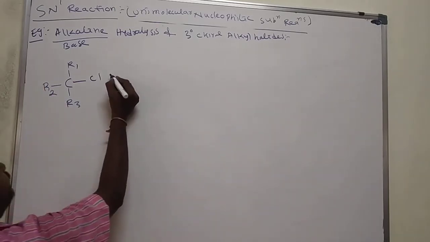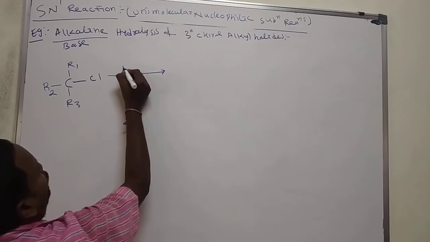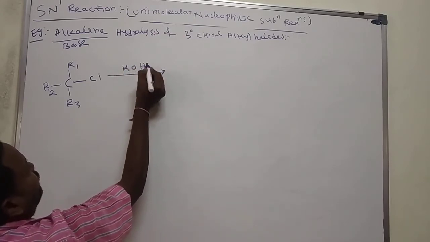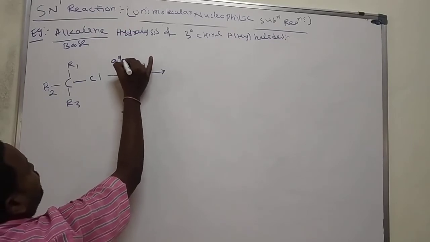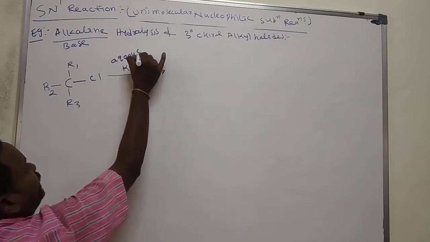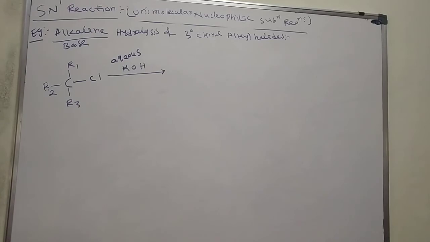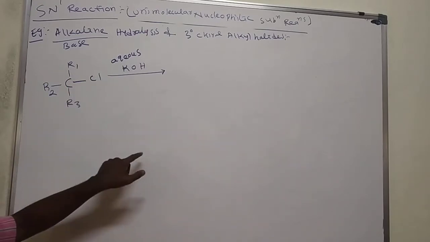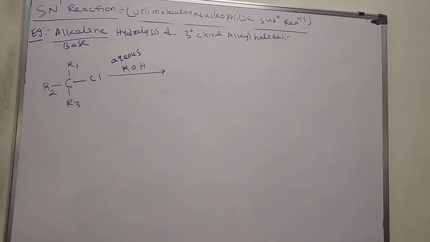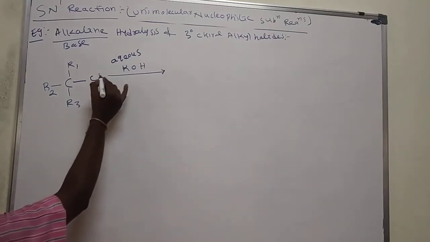Then it reacts with potassium hydroxide. This is called a base, alkaline. Which potassium hydroxide? Aqueous potassium hydroxide. What is the meaning of aqueous potassium hydroxide? Potassium hydroxide which is dissolved in water. What happens here?